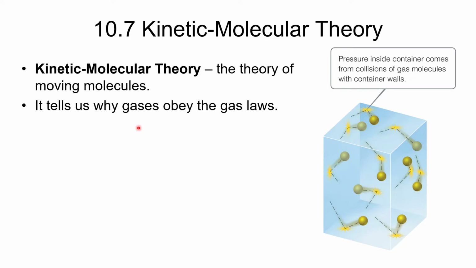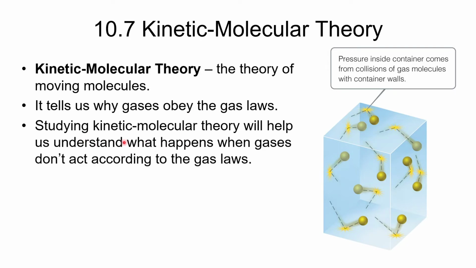So the kinetic molecular theory tells us, first of all, why gases obey the gas laws. But also, kinetic molecular theory gives us information about why some gases don't exactly obey the gas laws. So why we get deviations from the gas laws. And there is a logical reason behind it.